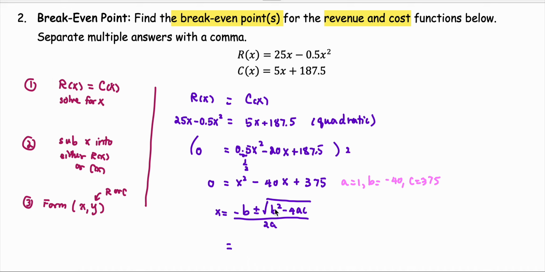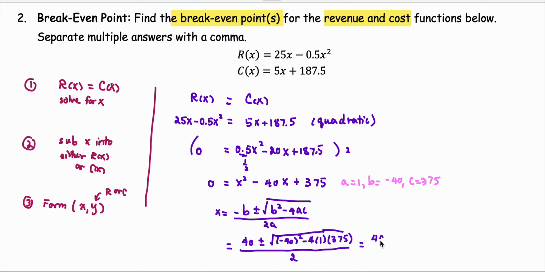Negative b becomes positive 40 plus or minus the square root of b squared, the quantity negative 40 squared, minus 4 times a, which is 1, and c is 375, all divided by 2 times a, which is 2, and then clean up.